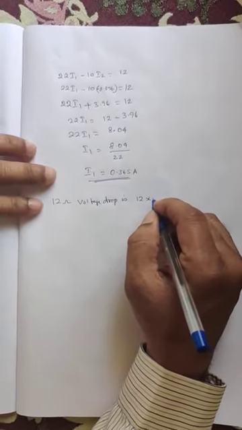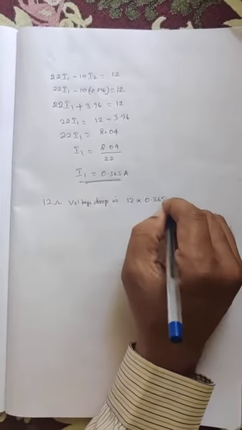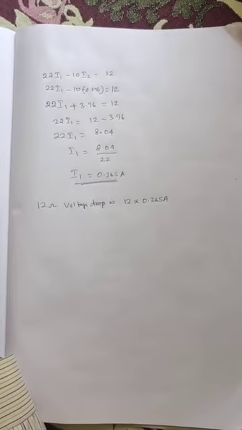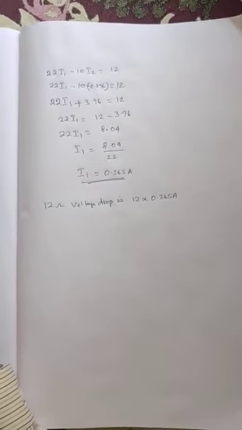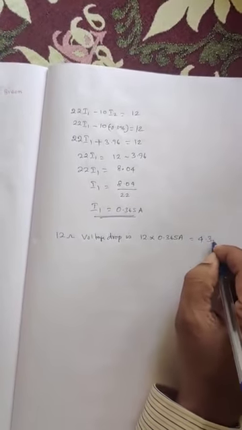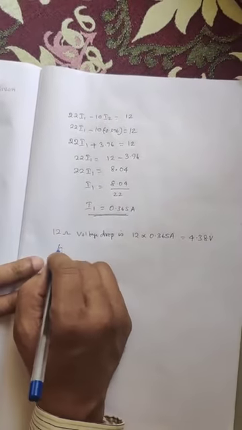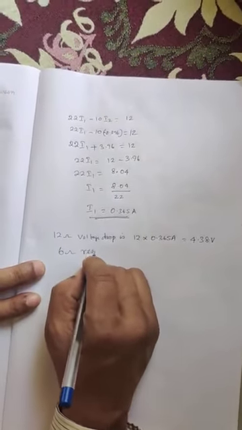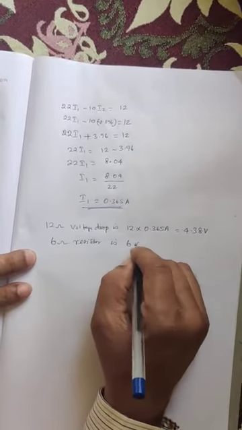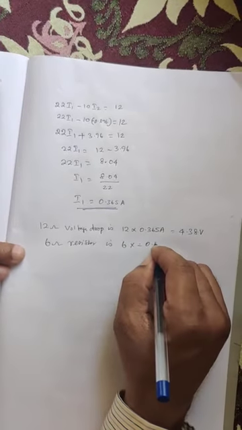I1 is 0.365. 12 into 0.365 amperes, using the calculator, gives 4.38 volts. Similarly, the drop in the 6 ohm resistor is 6 into minus 0.396.